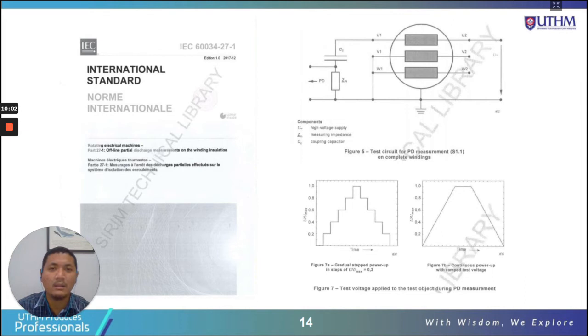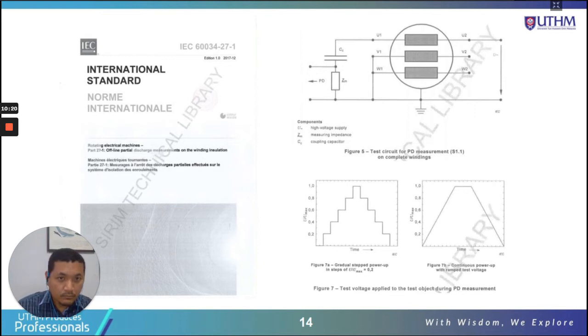Just email them, please help me get this standard, and they will try to find it. If it is available from them, they will share it with you, otherwise you have to purchase it.